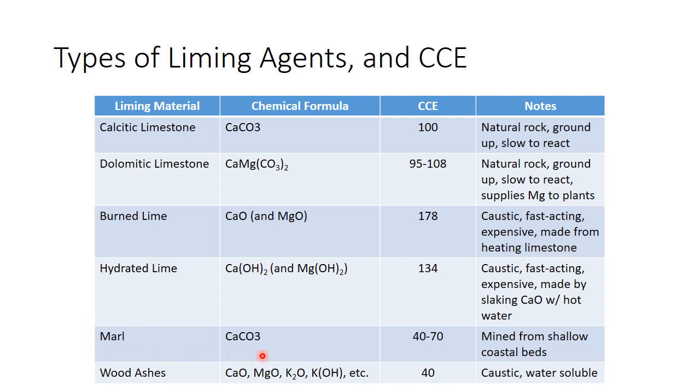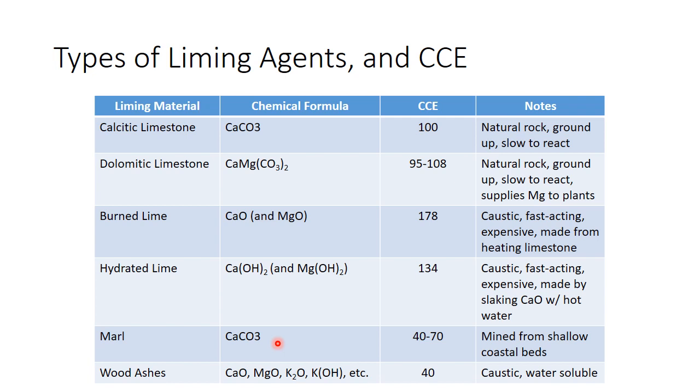Down at the bottom, we have 2 more sources. One is more common if you are in an area that is close to the ocean, or in some time of the geologic history was close to the ocean, where there is lots of marl present. And marl is seashells that have concreted together. So you can actually recognize individual shells, and then those shells are bound together with other calcium that's precipitated that has cemented all the shells together.